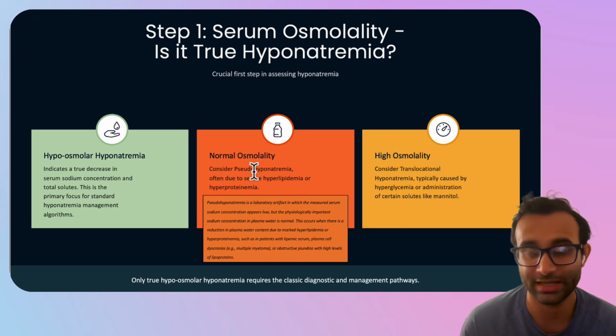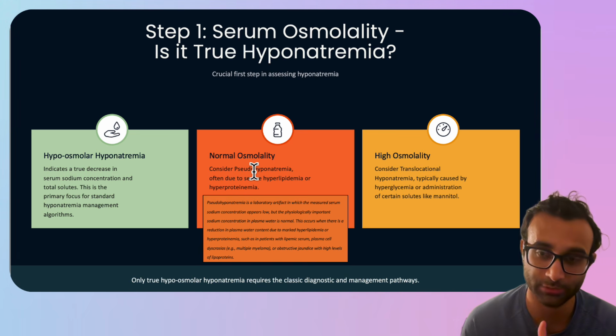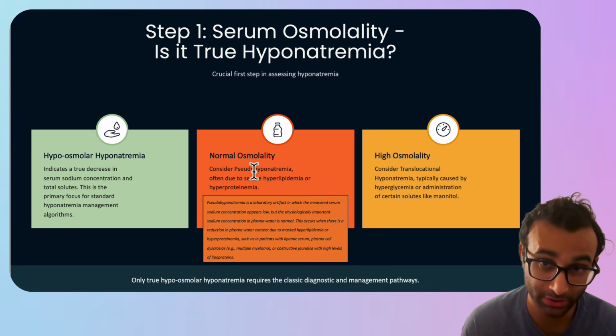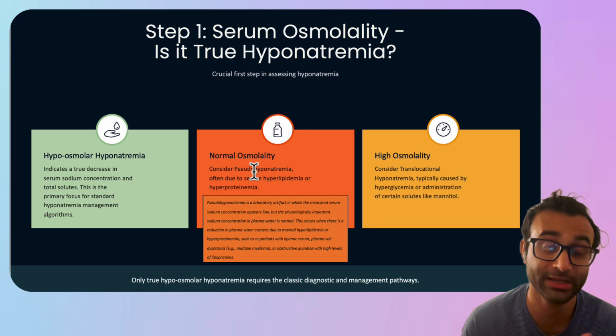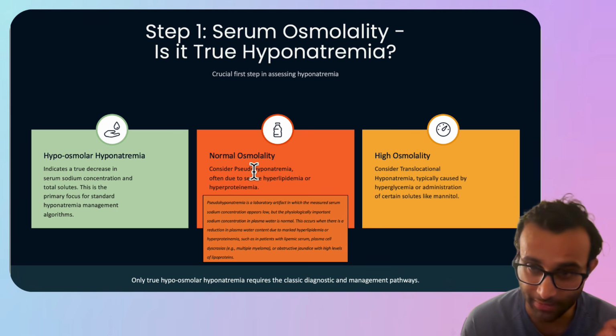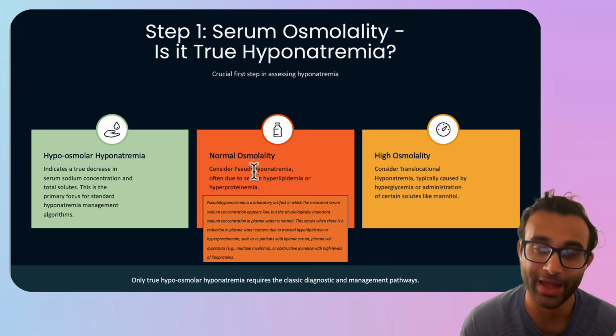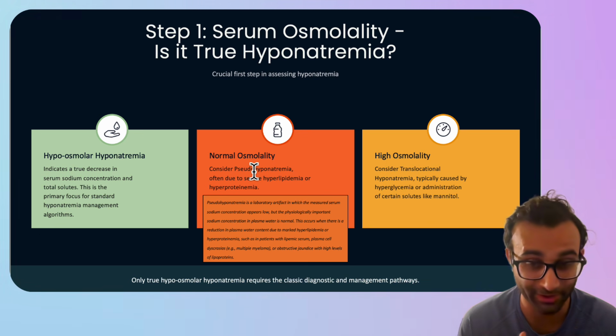and both of those things can lead to low sodium levels. And the last thing you can have is high osmolality. And the high osmoles can be due to other things that are actually measured in your serum osmolality, such as glucose. And if you have high glucose levels, that can also cause hyponatremia, because the glucose in your bloodstream draws in water, and that then leads to the low sodium levels.